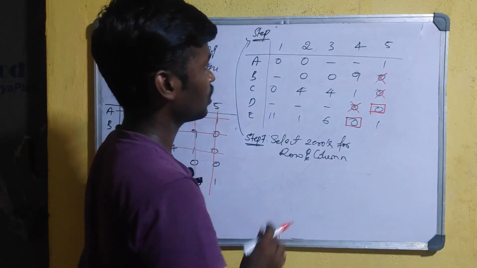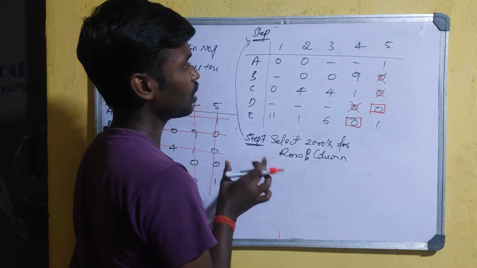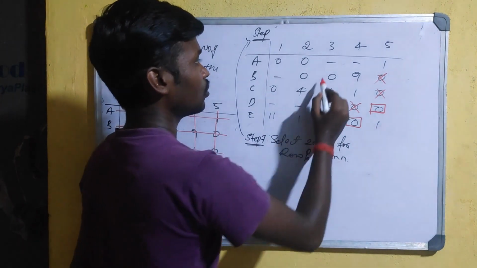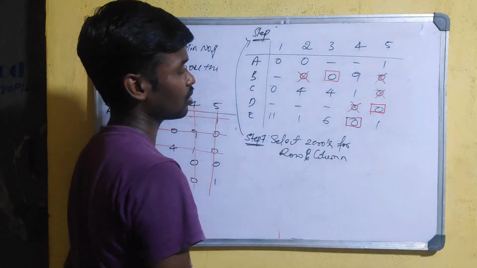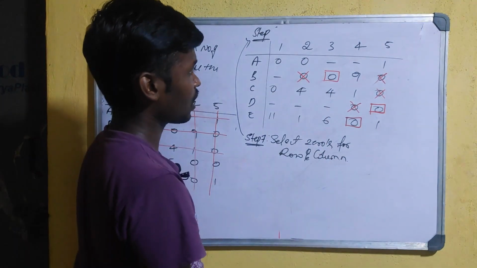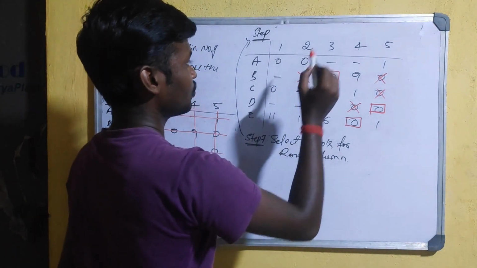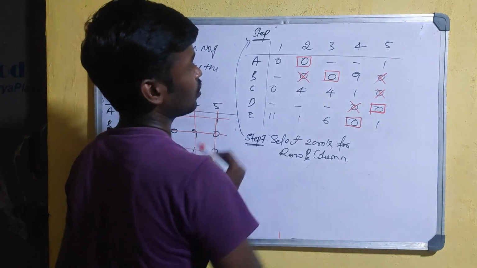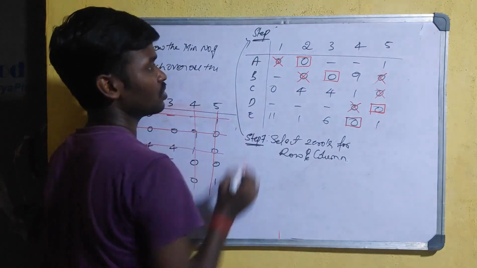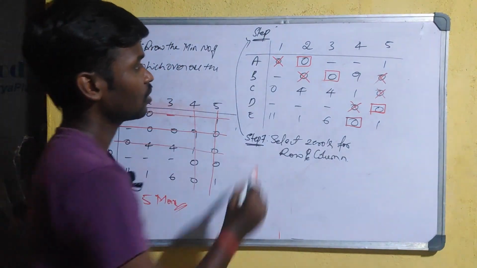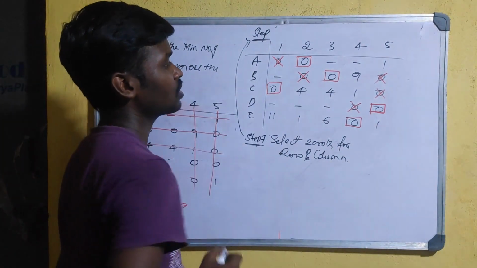Next, in these 3 columns I have to select zeros. So I am selecting this one. Then it is not possible to select this 0 in the same row. Next, I am going to select this 0 in this column and for this row, then it is not possible to select this 0 in the same row. Next, finally I am going to select this 0.